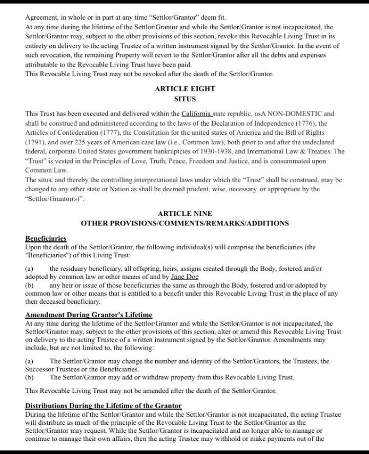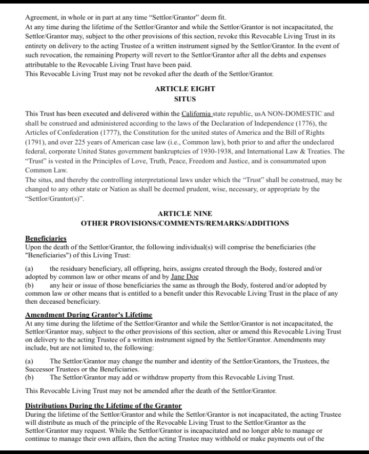All right. So Article 9, other provisions, comments, remarks, additions, beneficiaries. Upon the death of the settlor grantor, the following individual will comprise the beneficiaries of this living trust. And then we get into it here. So the residuary beneficiary, all offspring, heirs, assigns created through the body, fostered and adopted by common law or other means of and by Jane Doe.